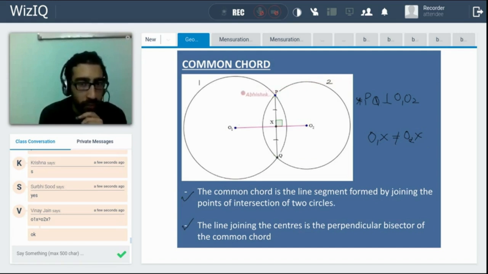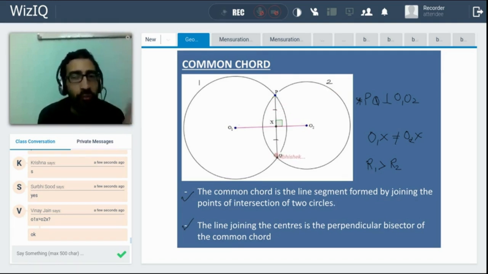Here the radius of circle 1, R1, is greater than R2. 1 is the bigger circle, 2 is the smaller circle, so O1X will not be equal to O2X. So what that means is PQ is not the perpendicular bisector of O1O2. It's the other way around.